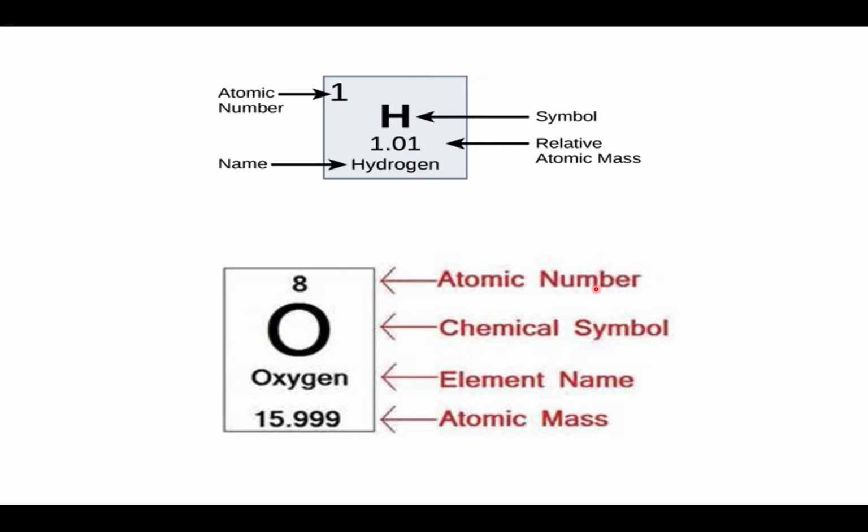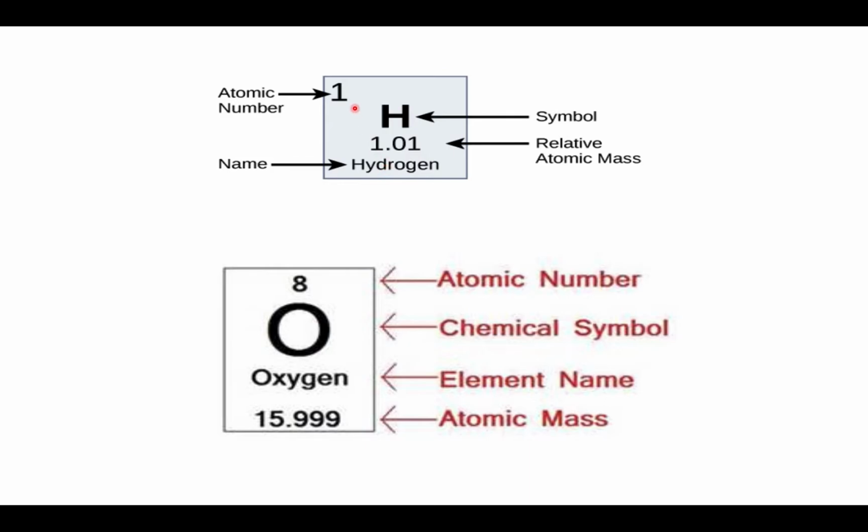Okay. Now with this slide, I wanted to make sure I clear up something that can be a source of confusion sometimes. You may run into different problem sets, textbooks, or documents where the symbol of an atom is shown. All this information is usually indicated, but these two numbers, the atomic number and the atomic mass, may not be placed in the exact same position when you compare the symbol of the elements from different sources.